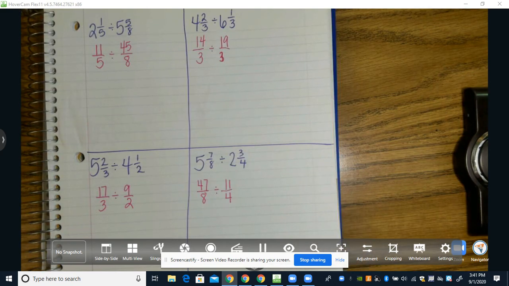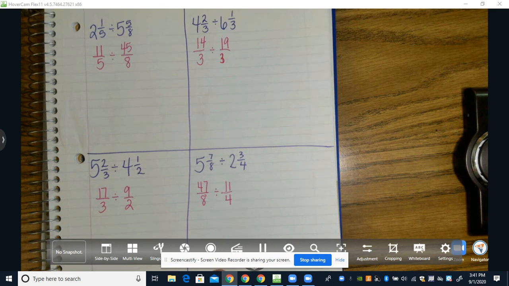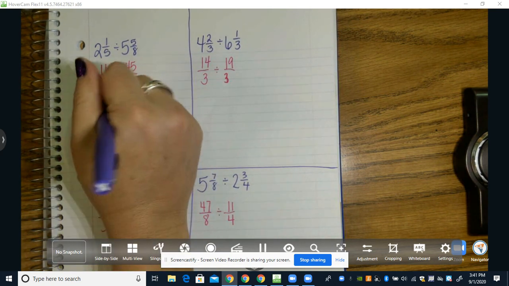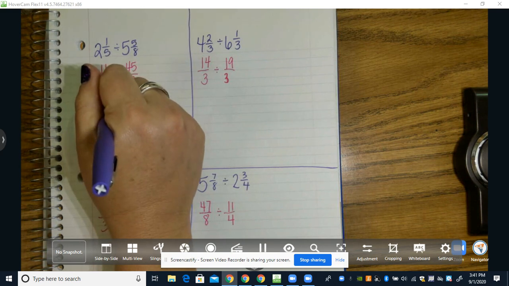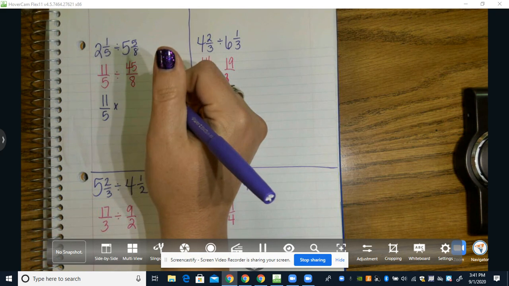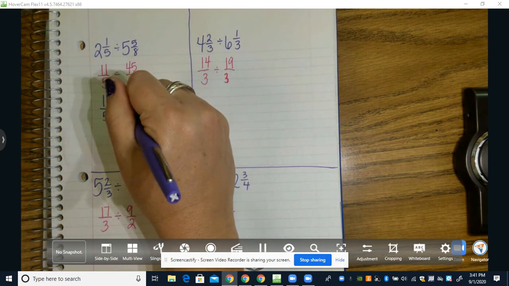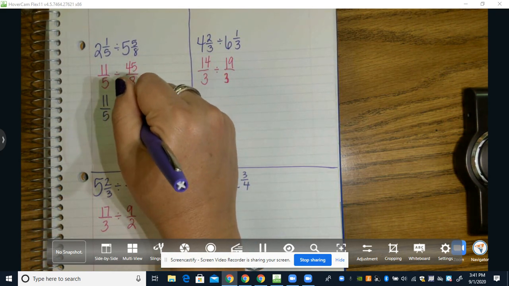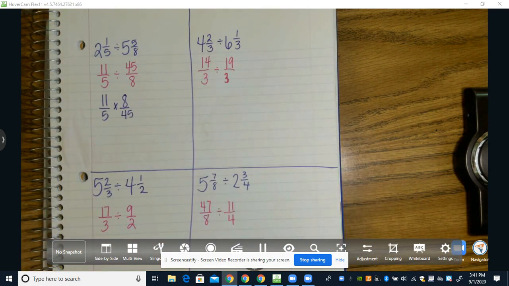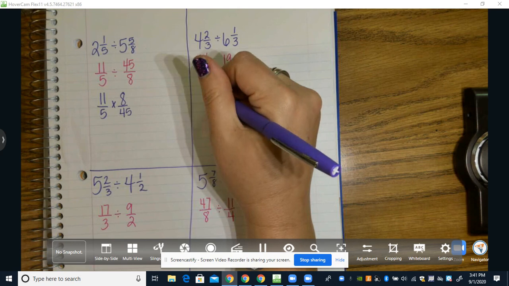Okay? Now, my next step is I'm going to do that multiply by the reciprocal. Keep, change, flip. So I'm going to keep the first one the same, 11 over 5, change to multiply, and flip that fraction over, and I'll get 8 over 45. And I'm just going to go ahead and do all of them at one time, so I'm going to save some time here.